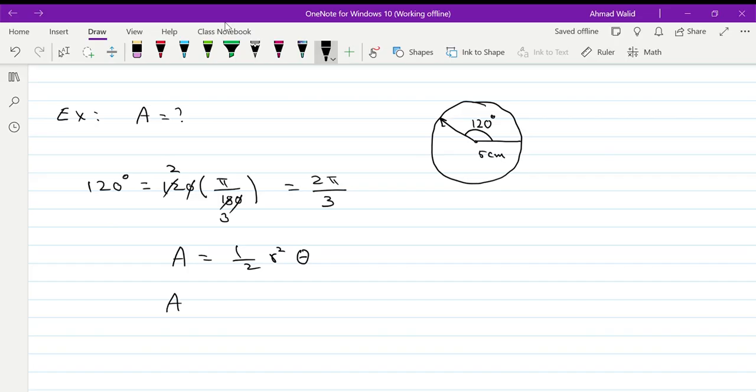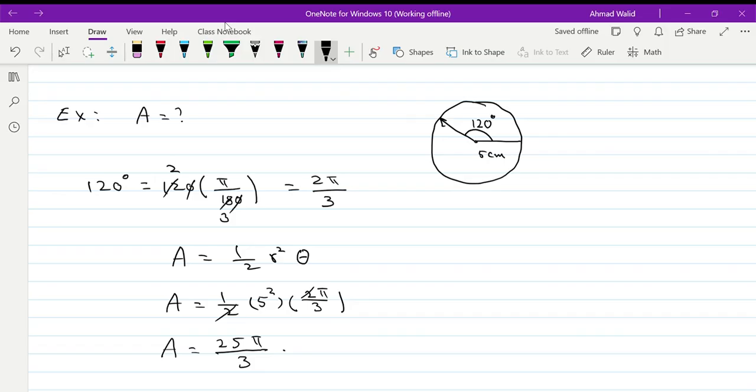Then A equals 1/2 of 5 squared times 2 pi over 3. 2 cancels out with 2. 5 squared is 25. Then A equals 25 pi over 3, the area sector.